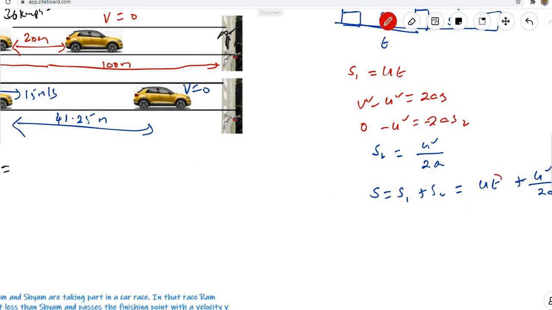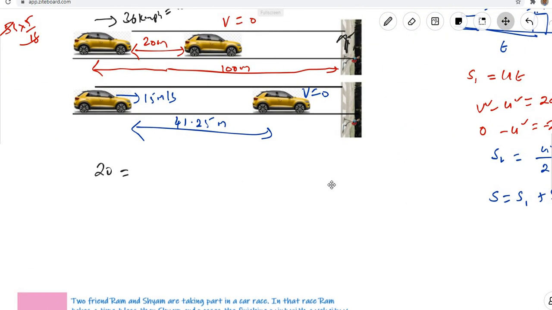We need to find out this t. Okay. Now let's go back. So this 20 is equal to u is 10 in the first case. So this will be 10t plus u square by 2a. What is u square again? 100 by 2a. This is the first equation.